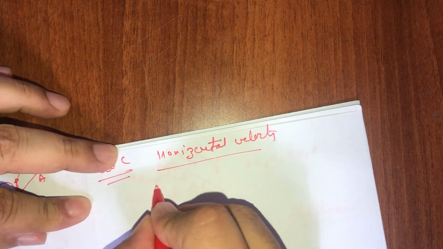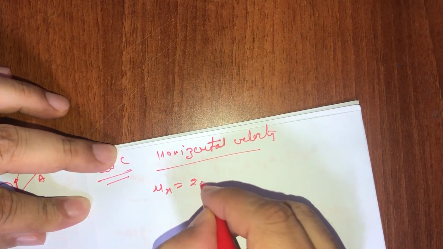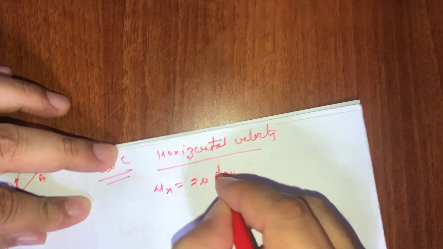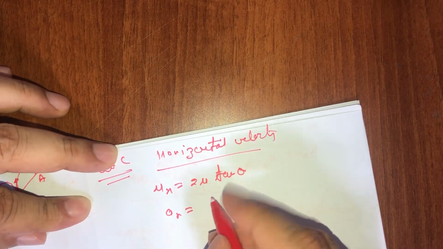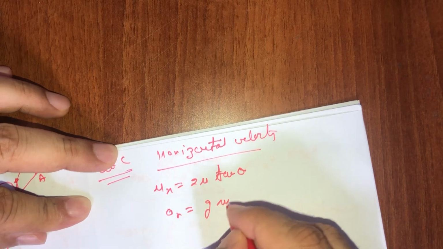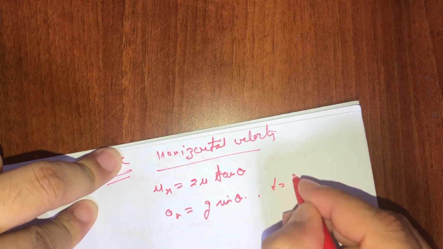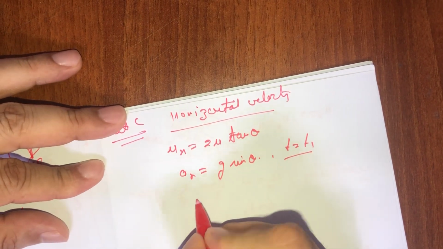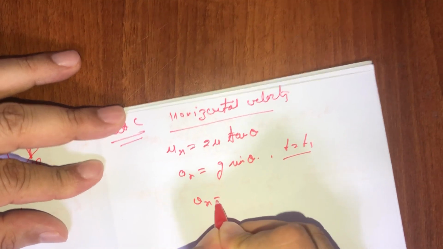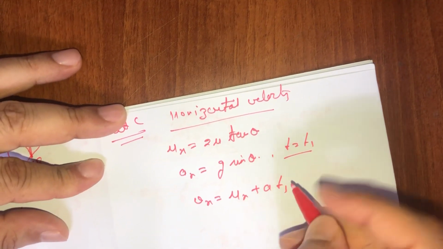We already know the initial velocity u of x is 2u tan theta, a of x is g sin theta, and t is equal to t1. We use the formula vx is equal to ux plus a multiplied by t1.